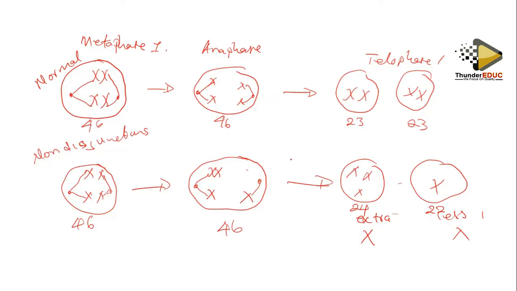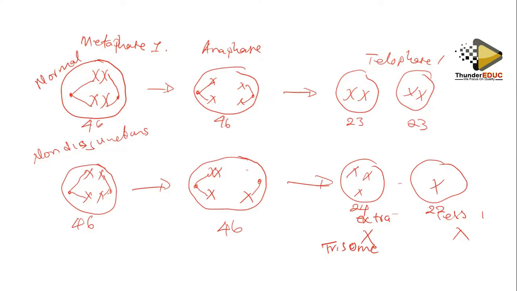Because now it has three chromosomes, in science we call it trisomy. We call it somy because it describes a cell which has 3 chromosomes of the same kind.